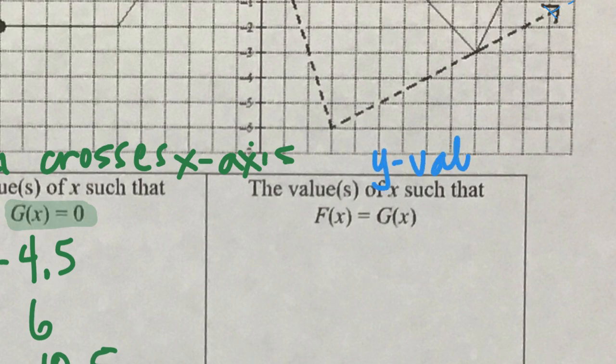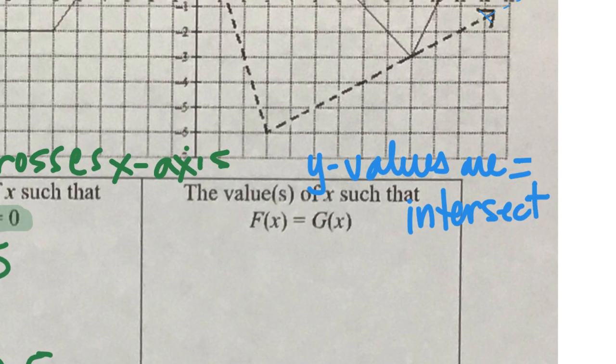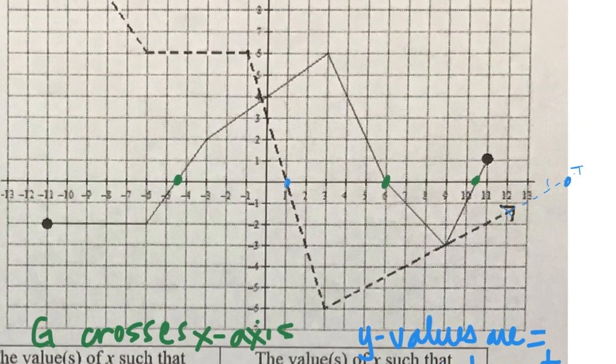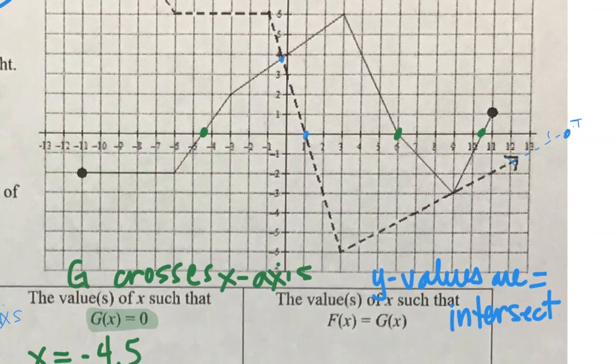And then our last question, where f of x equals g of x. These are where your y values are equal. Where are those graphs intersecting, right? That is what it means. Where do these graphs intersect? It looks like they intersect at, oh, this is not a very adorable point, but let's estimate it. -1/2 or even less than, if you're thinking.